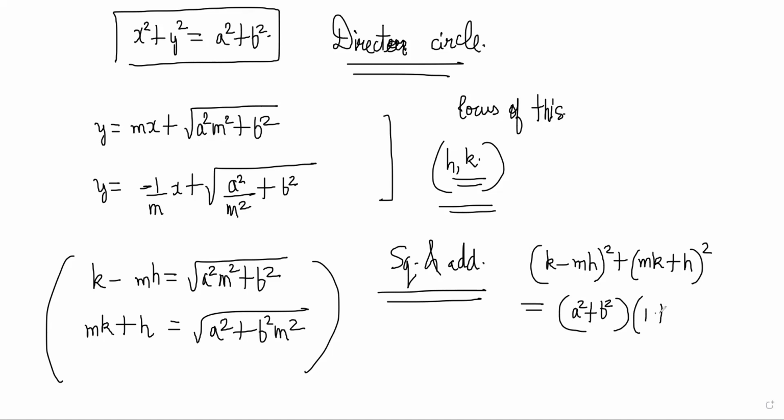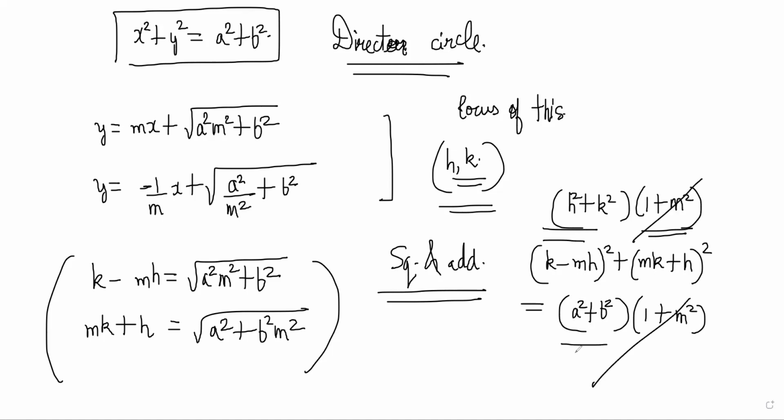Correct. And this side also, if you do, you will get m square k square plus k square, m square h square plus h square, and the other terms cancel. You'll get h square plus k square into 1 plus m square. This cancels and you get the locus. This is how you get director circle to an ellipse.